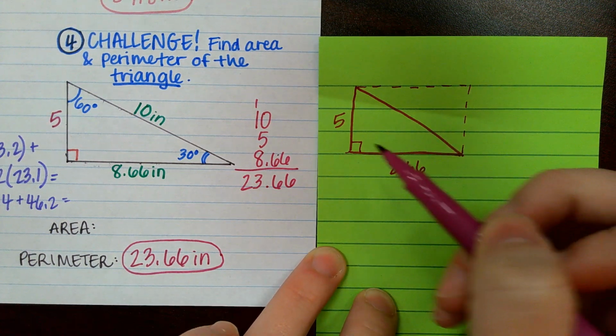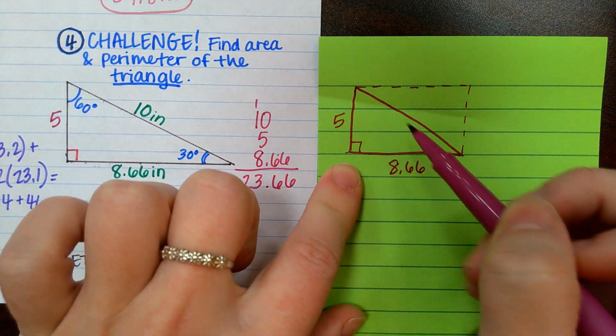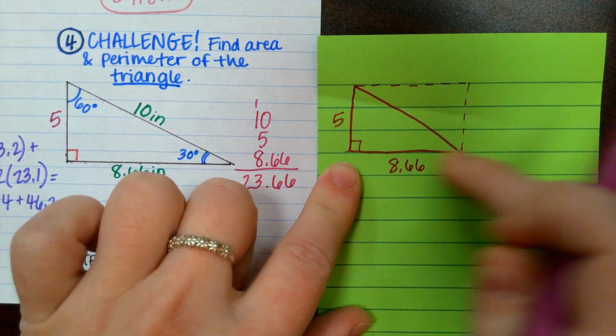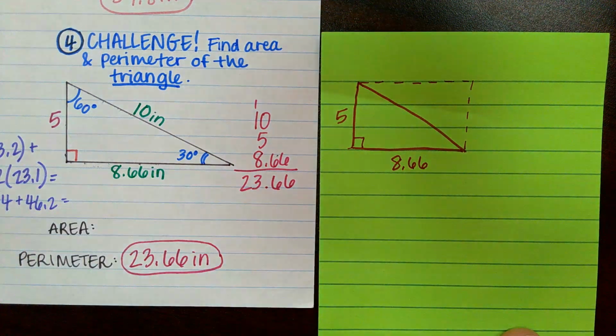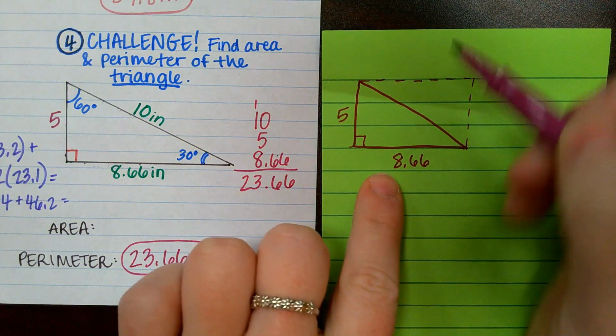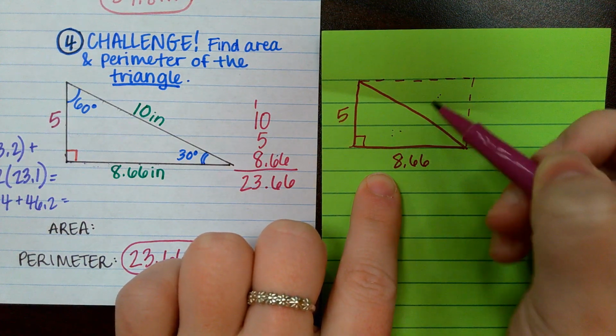Now, how big does it seem like this triangle is in comparison to the whole shape here? If I were to give a percentage or a fraction, does it look like it's about 3/4 of the size, half the size? It looks like it's the same size. Yes, so these two are about the same size, right?